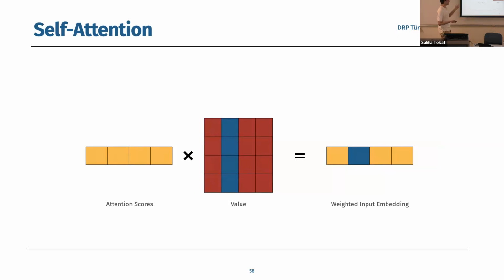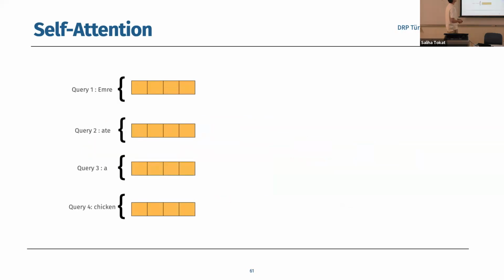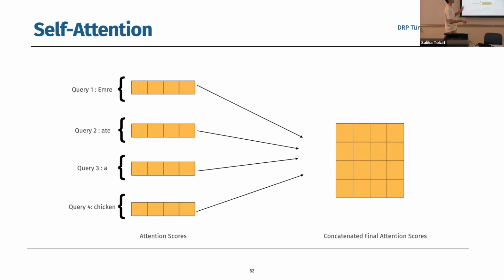By multiplying this value vector with attention scores, we are just telling our model to pay attention to these places. After doing this step for all of our queries, which are the words of our sentence, we just concatenate.